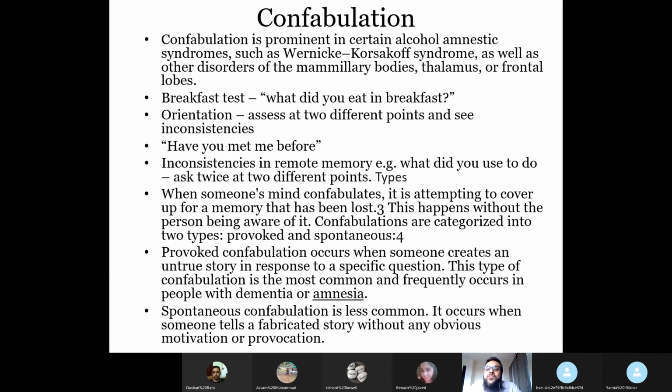All you have to do is do, for example, the Montreal Cognitive Assessment, the MoCA test, again and again, or the Addenbrooke's Cognitive Examination, you do other tests, and then you see the inconsistencies between the daily tests and different examiners.